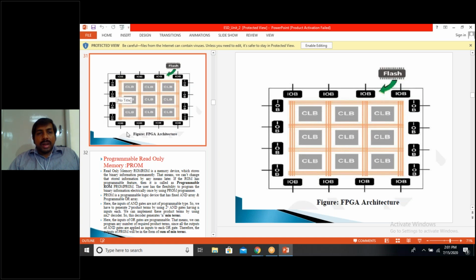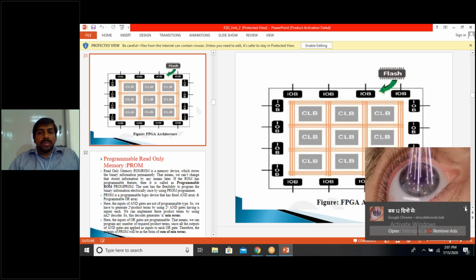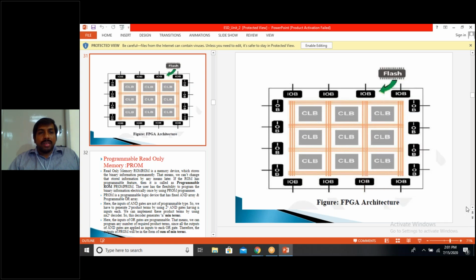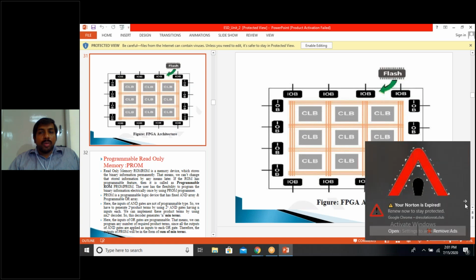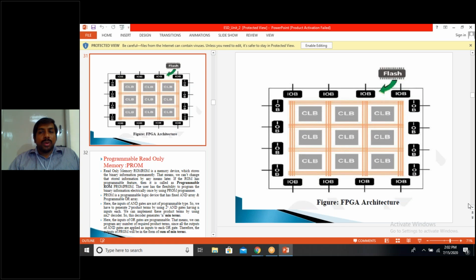The FPGA architecture has configurable logic blocks connected by switch matrices, and they are covered by input output blocks. So surrounding the external pins, we have input output blocks. This input output block is programmed to act as input or output, or anything.